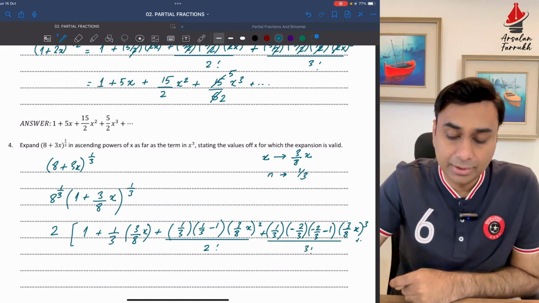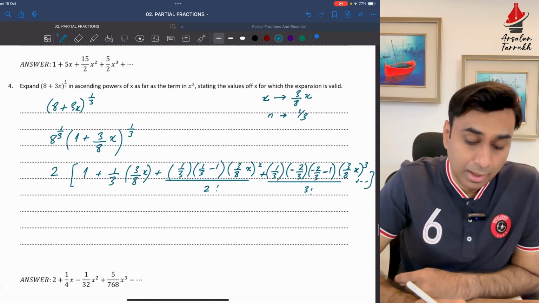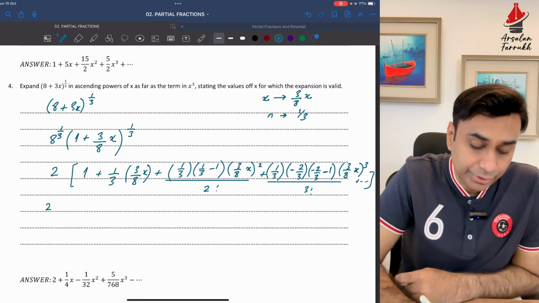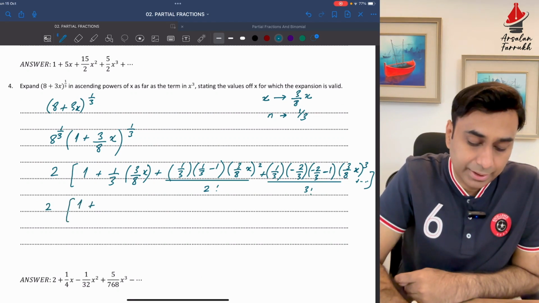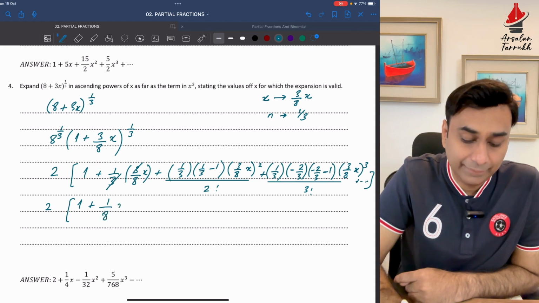And do not forget that all of these terms are getting multiplied by 2 later on. I will do 2 times 1 plus this 3 and this 3 cancels out over here. So this is going to become 1 upon 8x.